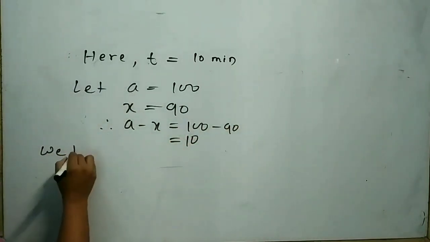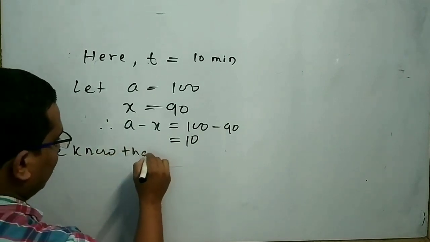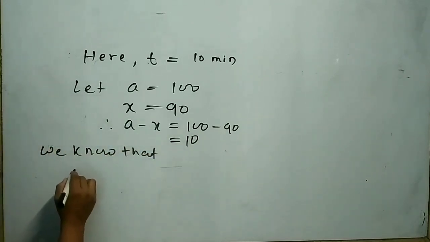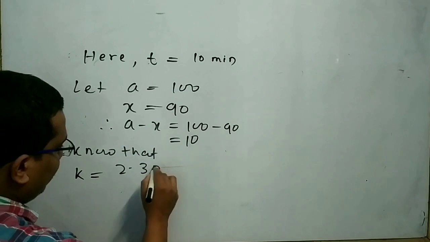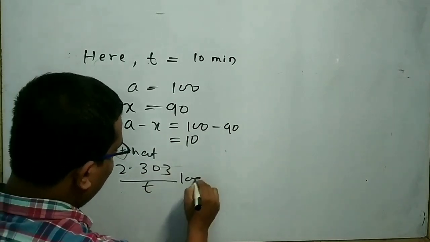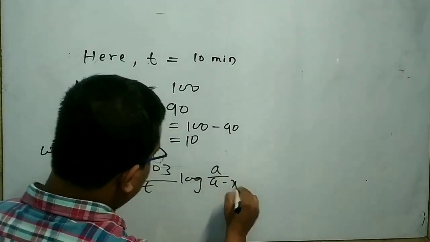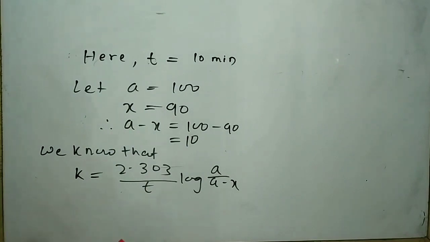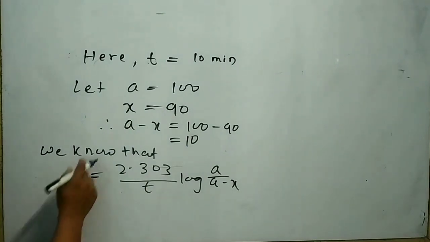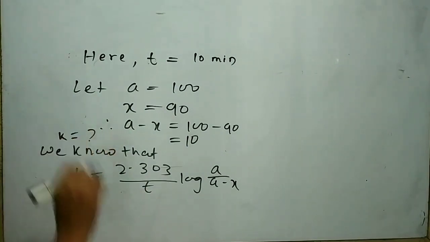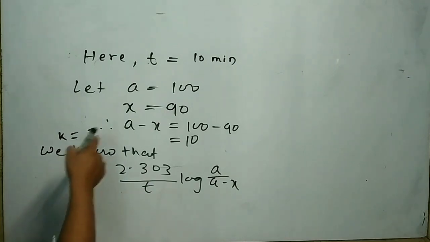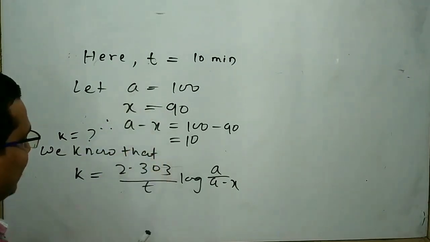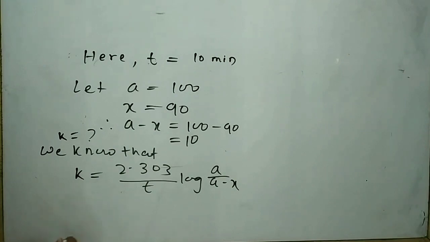We know that K is equal to 2.303 divided by T log of A by A minus x. Our aim is to find out the value of K. So here we can write question mark. Now put the value of A minus x and also T in this equation.